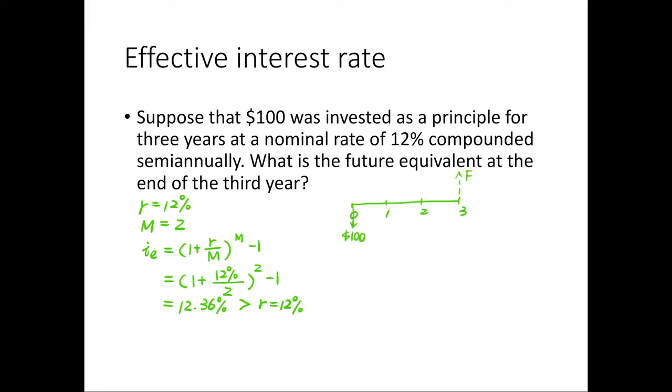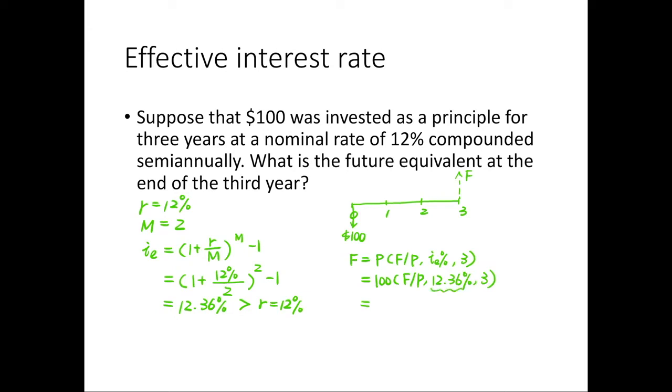What is the future cash flow? So F is, to find F given P, you want to use the effective rate. Okay, number of periods is 3, so P is 100, F over P. Now your effective interest rate is 12.36%, number of periods is 3.